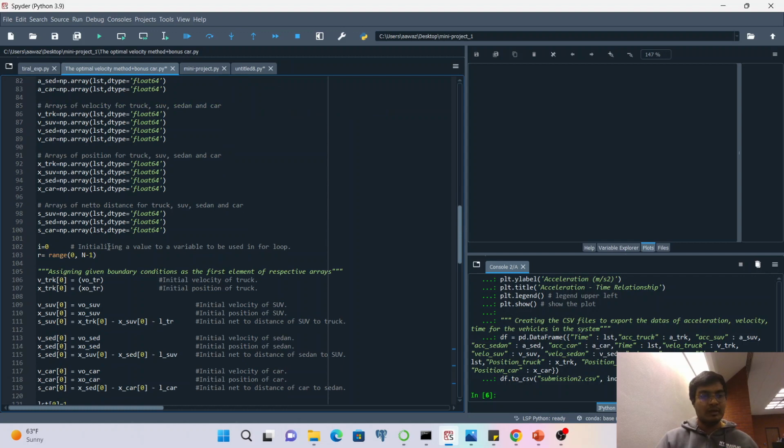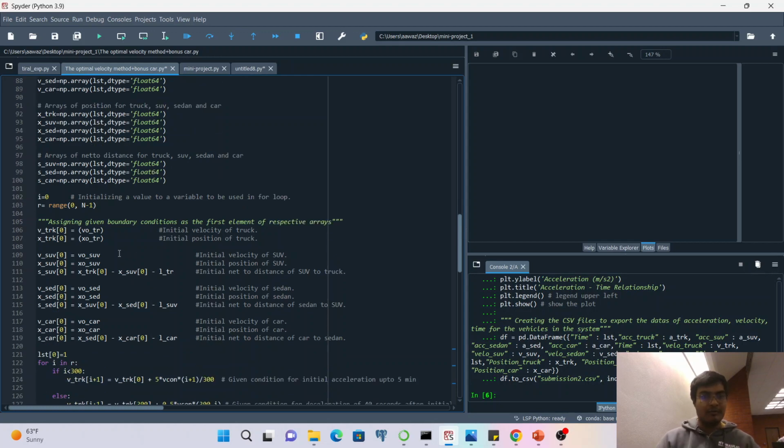Then we will define another variable that will be used for the loop, and it is i. We define i starting from 0, and its range will be from 0 to n minus 1, because it goes up to, but not including, n.